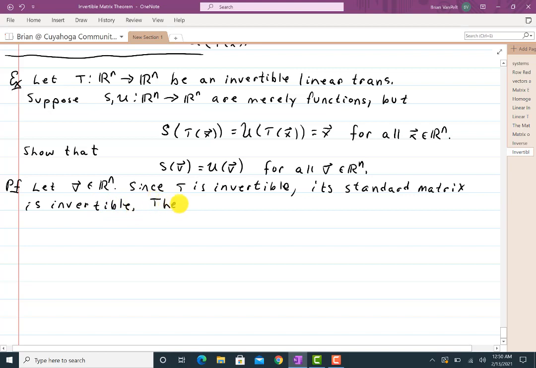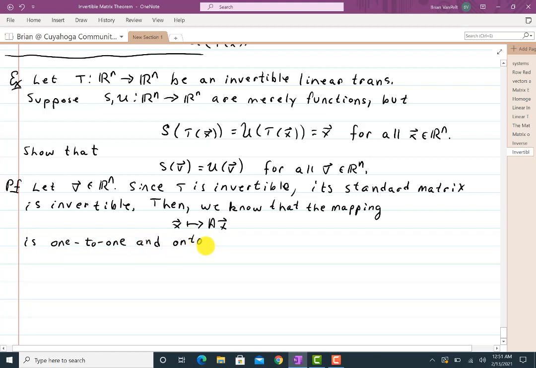Then we know that the mapping x goes to Ax is 1 to 1 and onto. So T is onto. That's what I need to know for what I'm going to do.